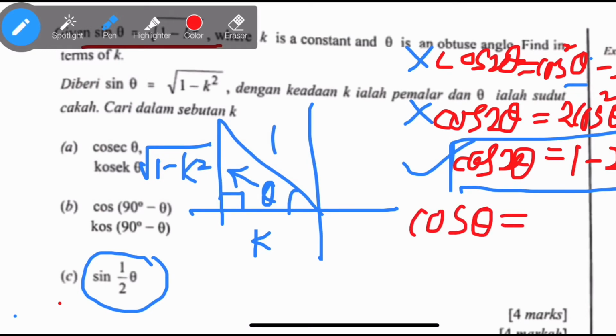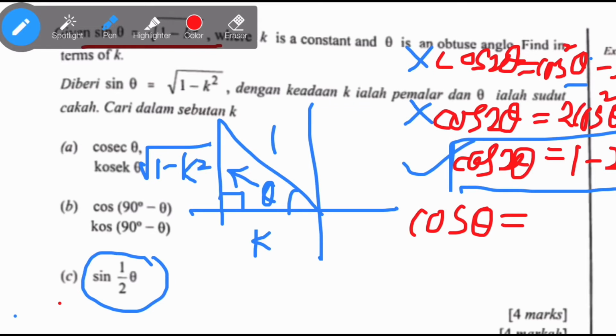When we modify the trigo formula, we just change the angle. So the angle 2 theta we divide by 2, so you get theta, so you write cos theta. Then 1 you copy, minus you copy. Okay, only the angle will follow the changes.